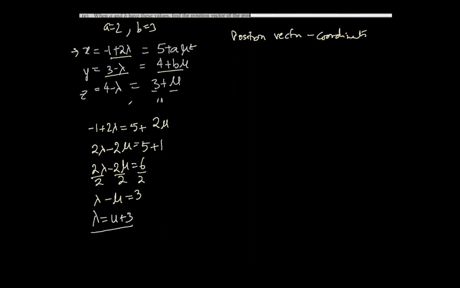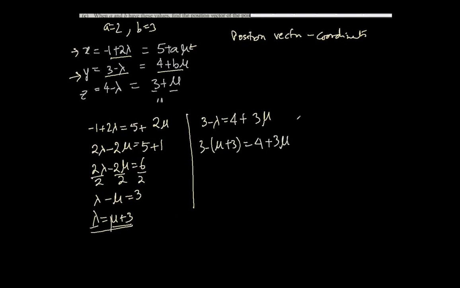Now, let's use the second equation to get rid of lambda. So 3 minus lambda was equal to 4 plus b. b is 3 mu. Now lambda is mu plus 3, so I will write 3 minus (mu plus 3) equal to 4 plus 3 mu.